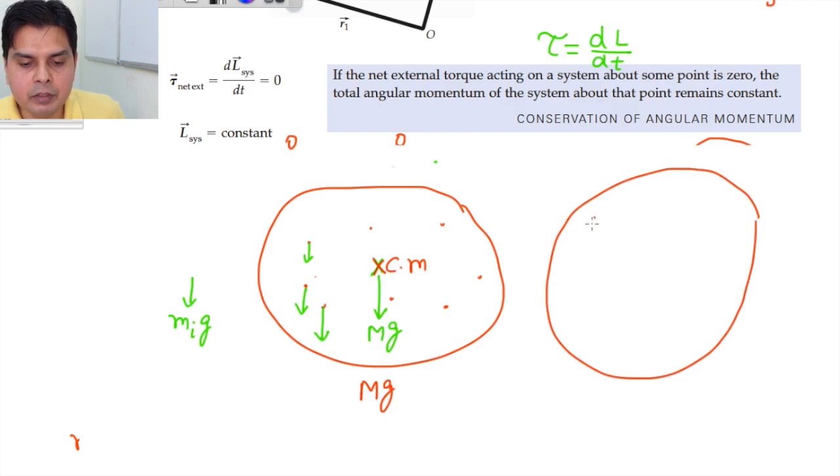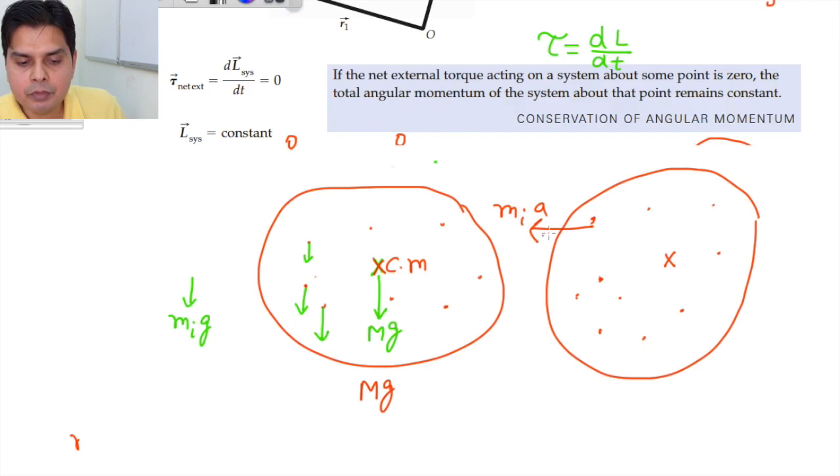In a collection of particles, this is my particle at different places. Now when this body is accelerating, and this is my center of mass about which I am calculating, each particle will experience a force given by m_i A. That is the pseudo force.